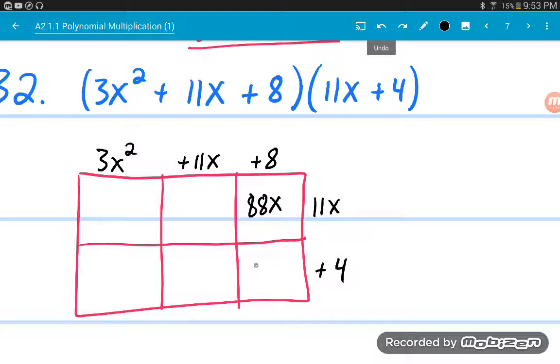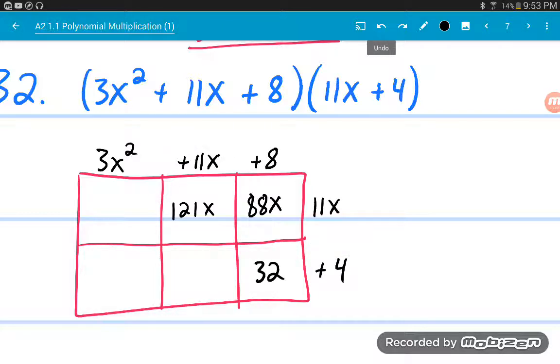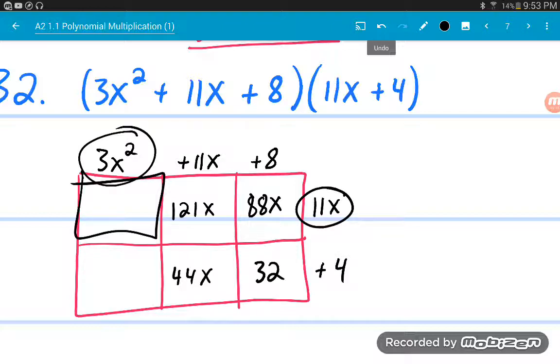So 8 times 4 is 32. To fill in this box, it's 11x times 11x, which is 121x squared. To fill in this one, it's 11x times 4, 44x. For the top left, it's going to be 3x squared times 11x.